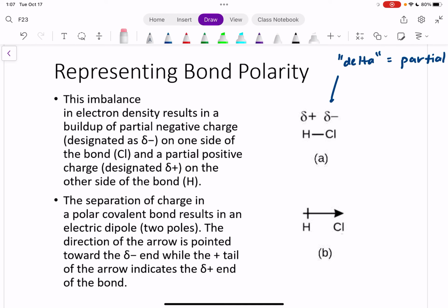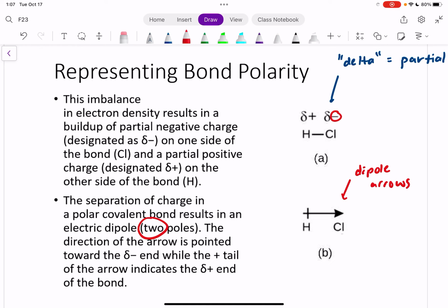All right, we can also show this phenomenon using these things called dipole arrows. Dipole, two poles, right? It's showing that difference in charge because we're creating now a polarity between those different sides of the molecule. So on the right side, remember, on the side with chlorine, we have that partial negative charge.